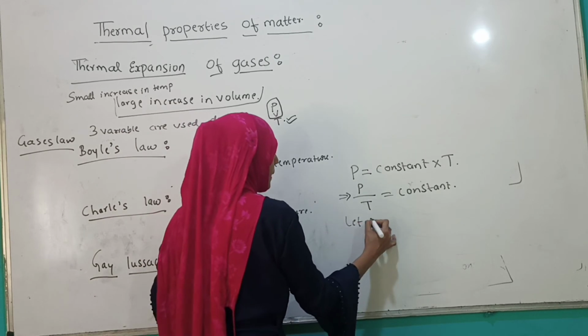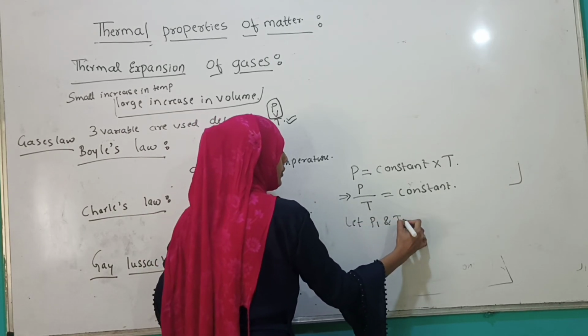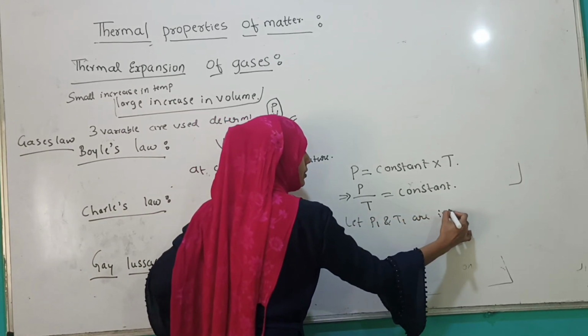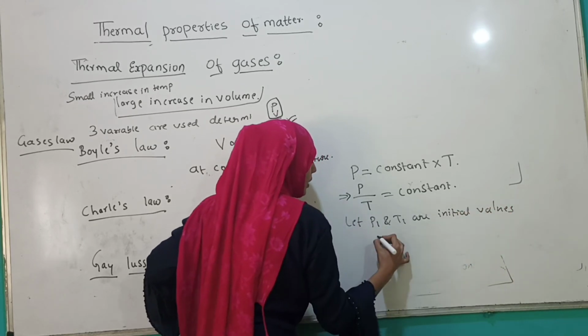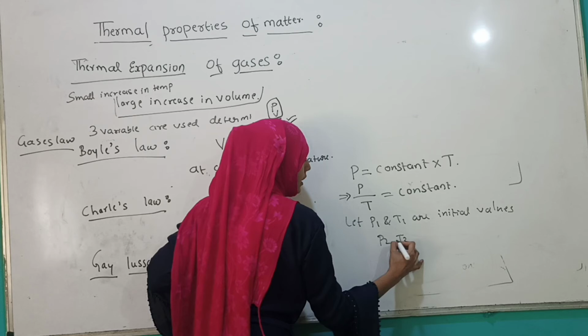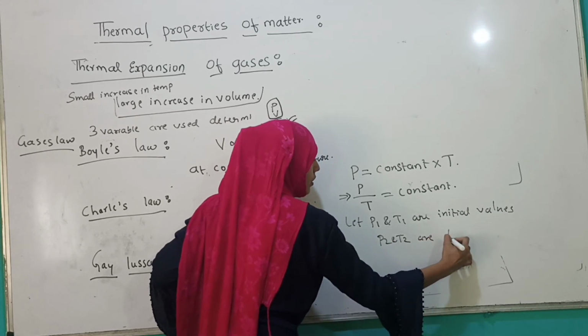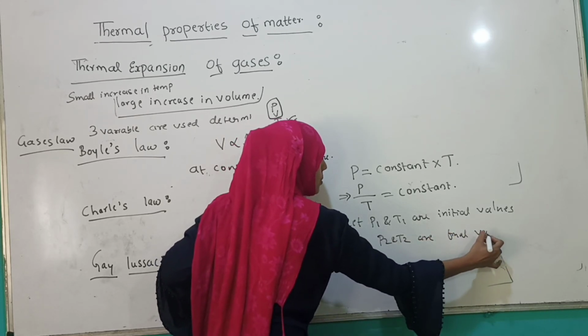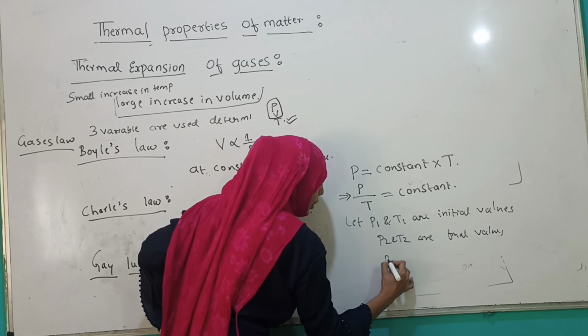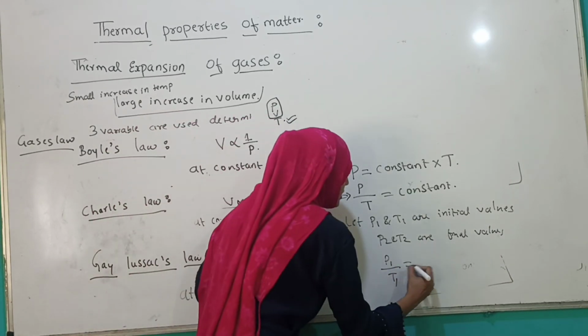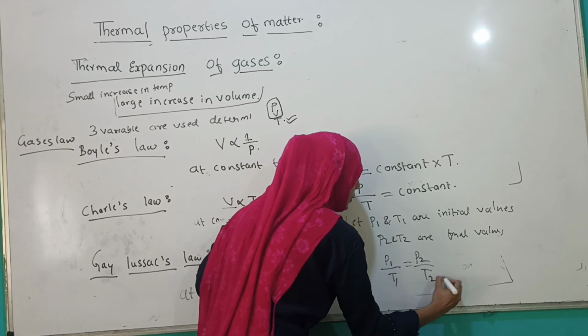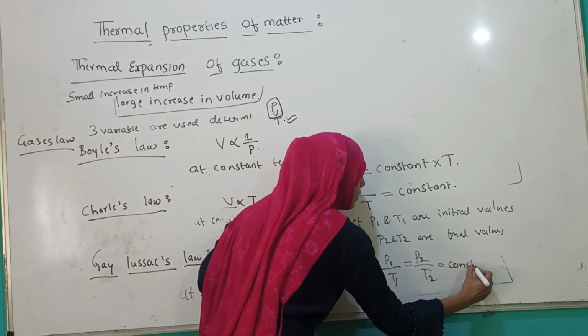Let P1 and T1 be initial values, P2 and T2 be final values. Next, our equation can be written as P1 by T1 is equal to P2 by T2 is equal to constant.